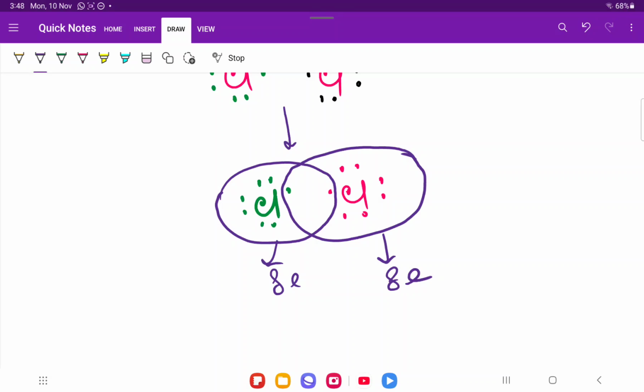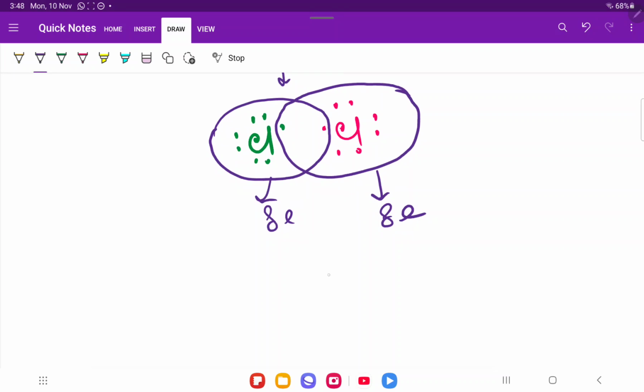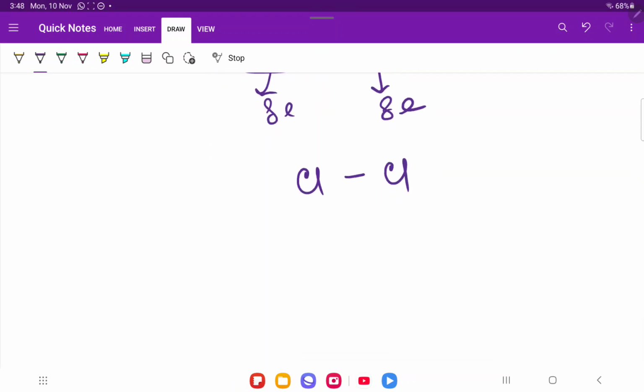They need 1 electron, and one chlorine is helping the other chlorine. This way they form the bond. As here 2 electrons are forming 1 bond, this is called a single covalent bond. The covalent bond you have to show this way. This is how a single covalent bond is formed.